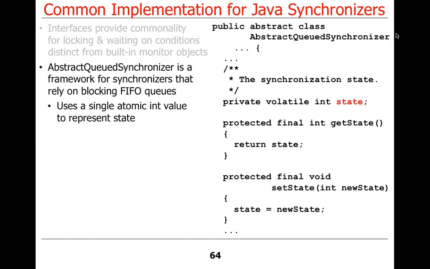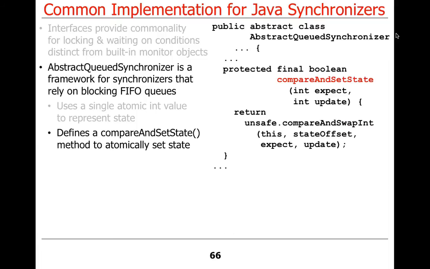So it's just a volatile int. That's the main piece of data that this thing provides. There's other stuff it has too, but that's the main data that it uses. And it's got a pair of setter and getter methods to set and get that state. And you'll see those used all over the place in the code. OK, so that's how it represents things. Anything that can be represented as an integer that needs to be managed atomically can be inherited from AbstractQueuedSynchronizer.